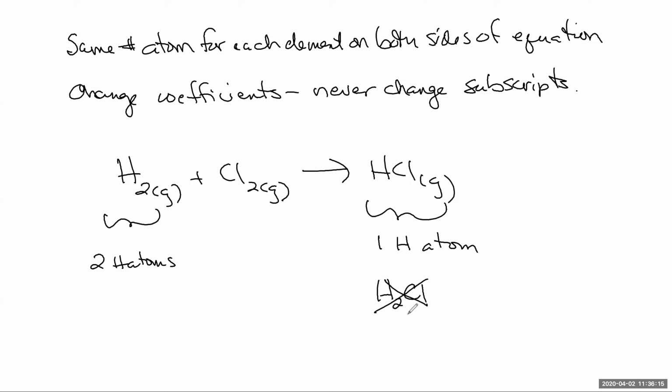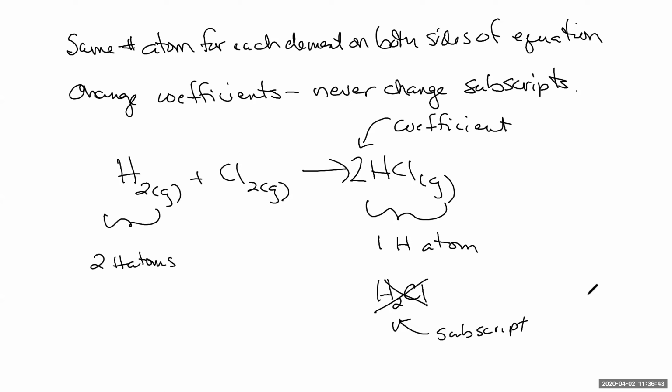So how do I get 2 hydrogens on the product side? I'm going to add a coefficient of 2. The number out in front is a coefficient. The number down below would be a subscript. When we're looking at equations, we're always going to change coefficients, never change subscripts in order to balance them. The other thing to notice is that a coefficient in front counts for everything after it.